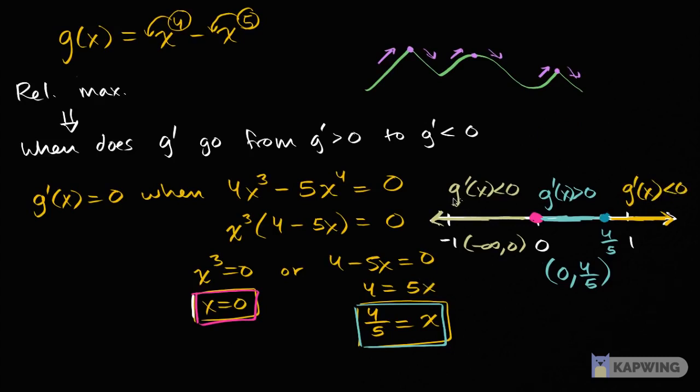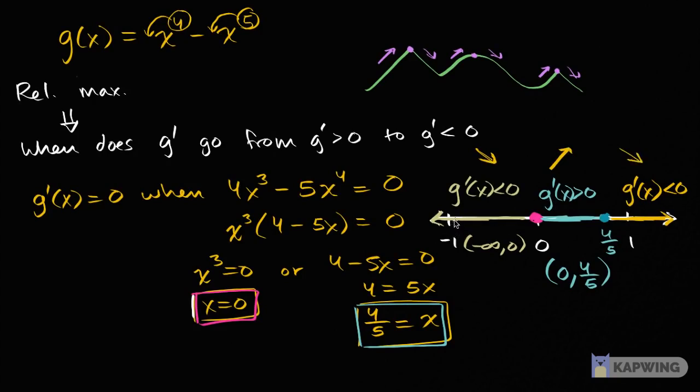So our function, oh, sorry, let me be careful. g is decreasing here. The function itself is decreasing because our derivative is negative. Then our function is increasing here because our derivative is positive. And then our function is decreasing here.